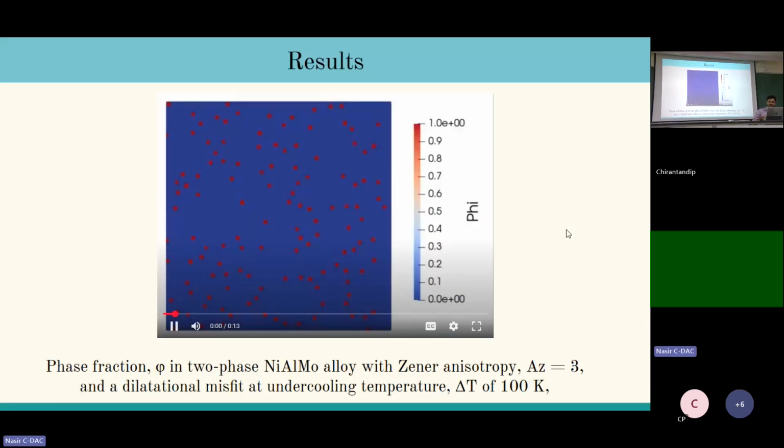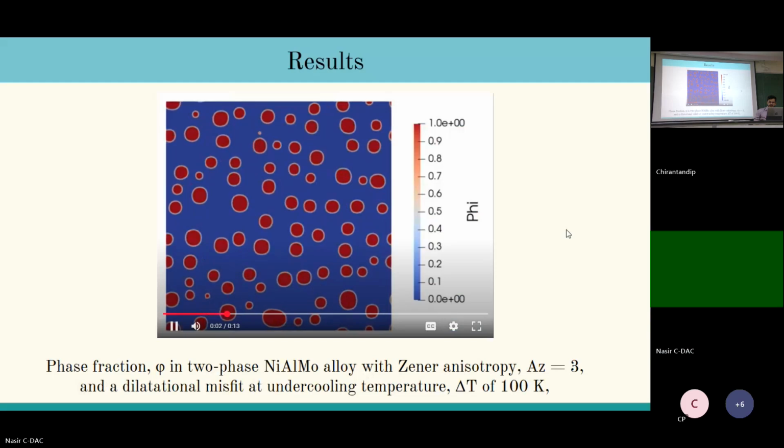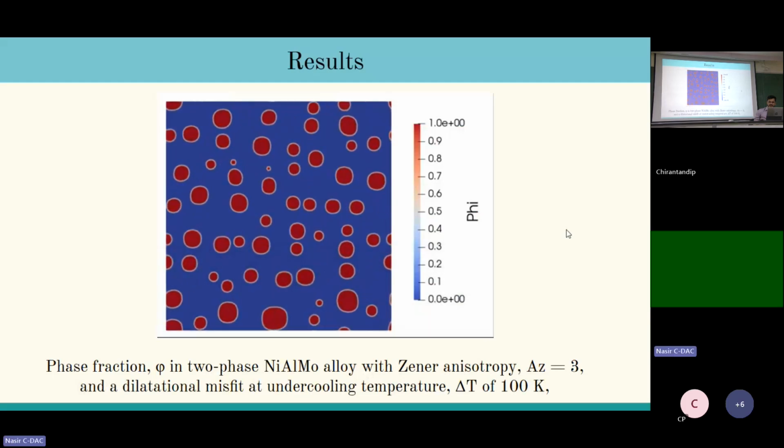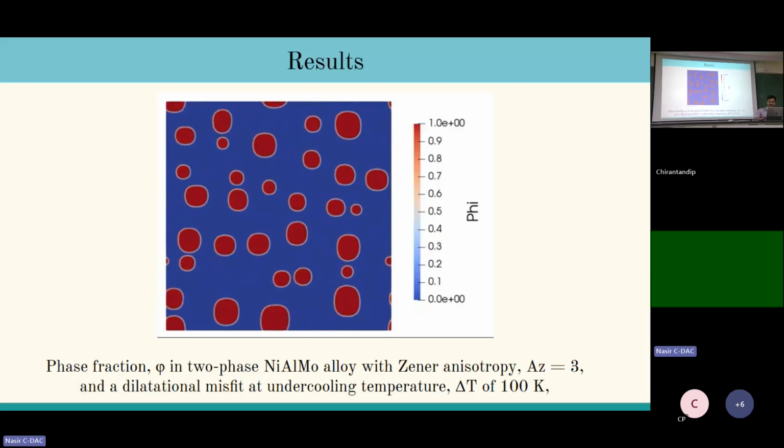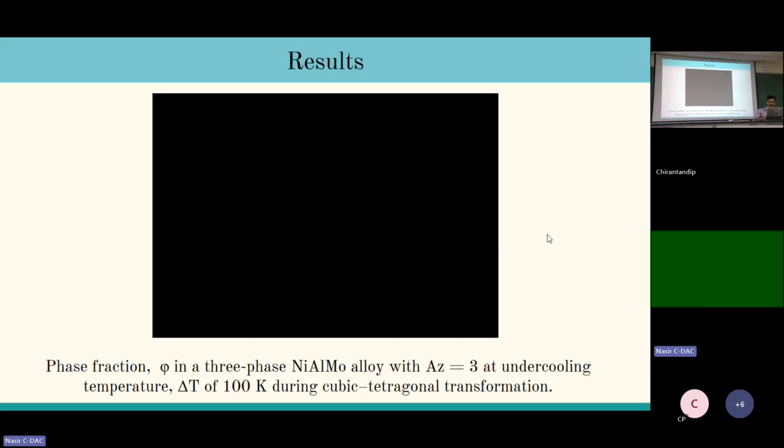We've also added the elasticity part. Here you can see that it's cubic.